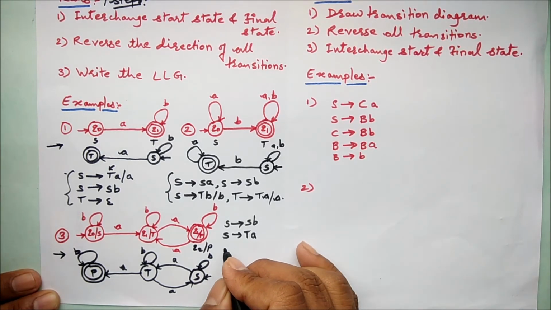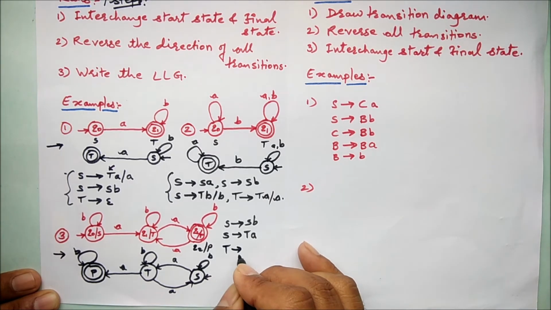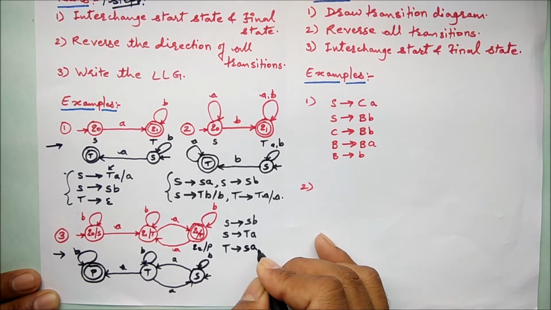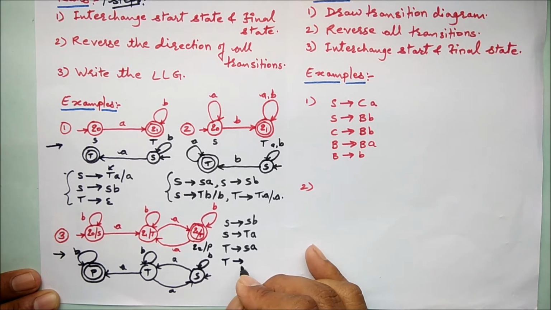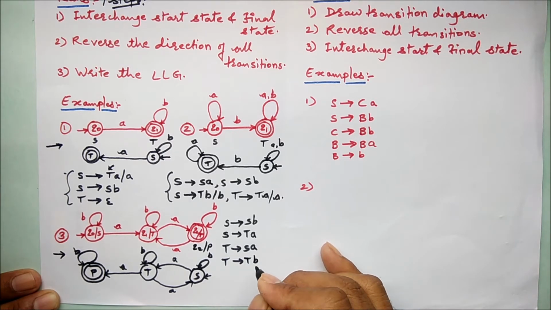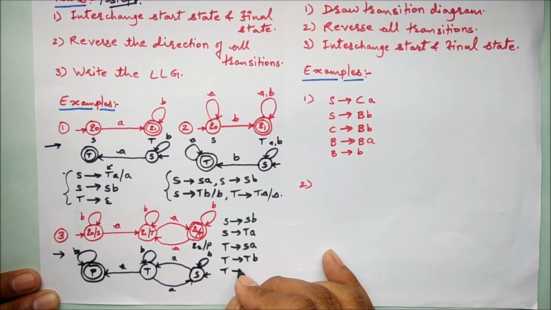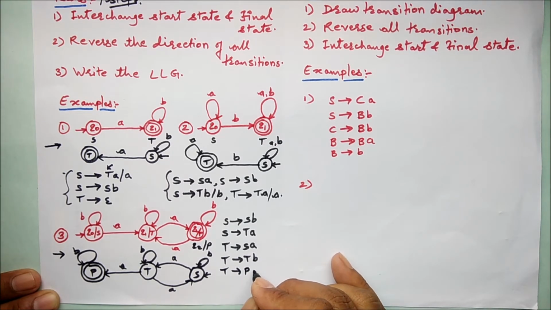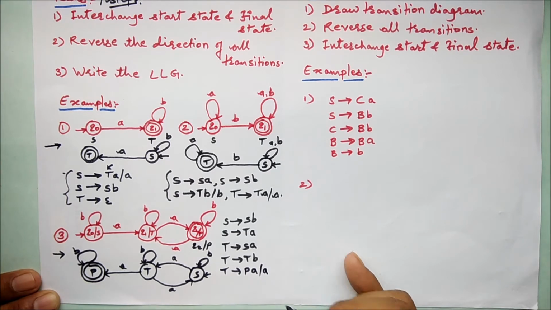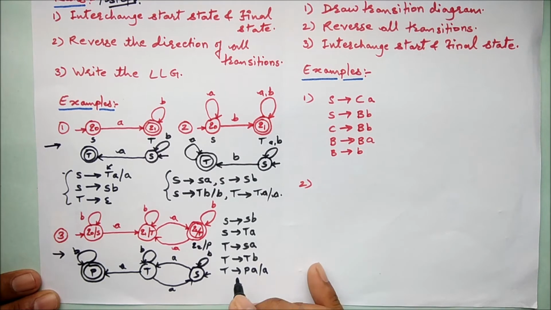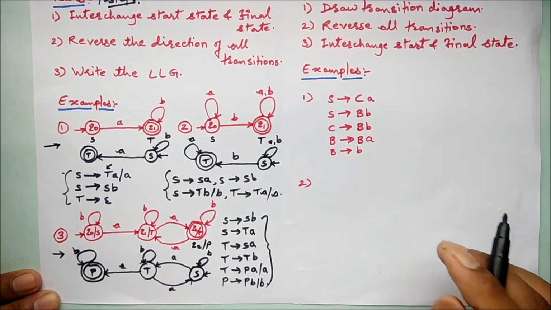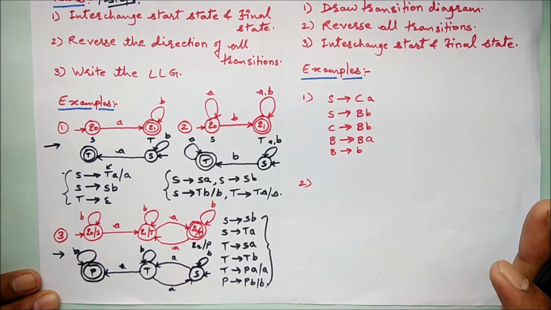All right, so let's move with the T. So T is transiting to S with input symbol A, as well as T is transiting to itself with B, and T is also transiting to the final state P with input symbol A, and as it is final state slash A. Right, and then finally let's write for P, that is our final state, and it is transiting to itself with input symbol B as it is final state slash B. So these are my six production rules for the given finite automata, my dear friends.